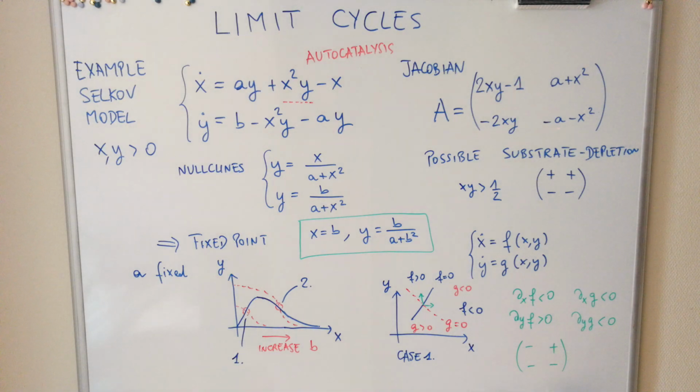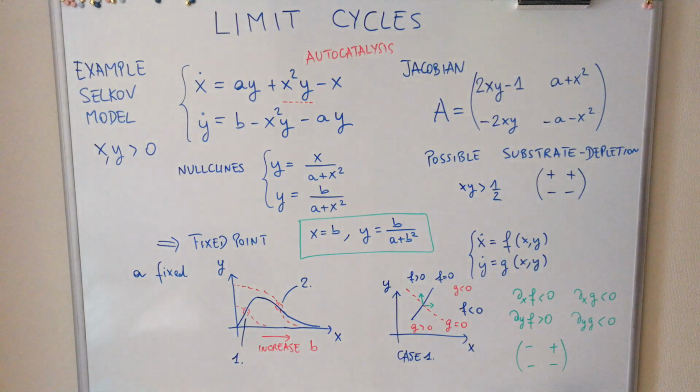Here you see on the other diagonal term we only have contributions from degradation type of terms. So there is nothing here that can happen. It always stays a minus sign. All right, so this is a very quick and simple analysis that we can already do.